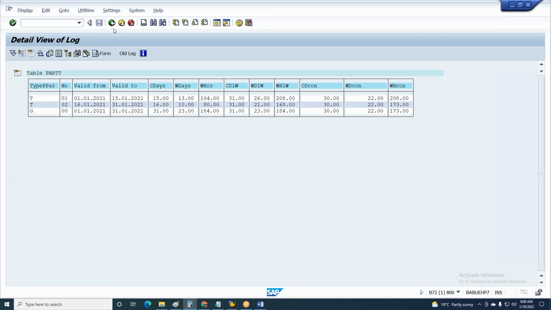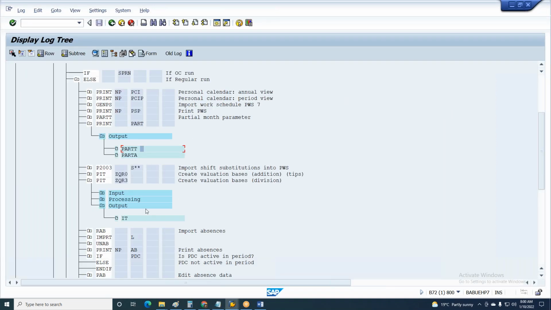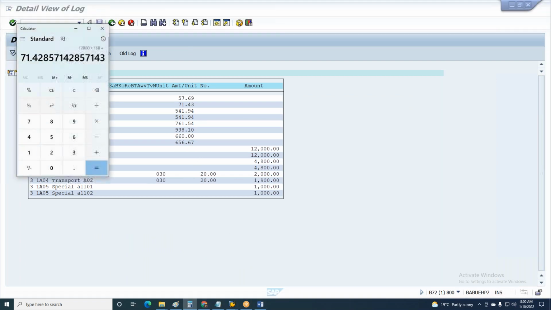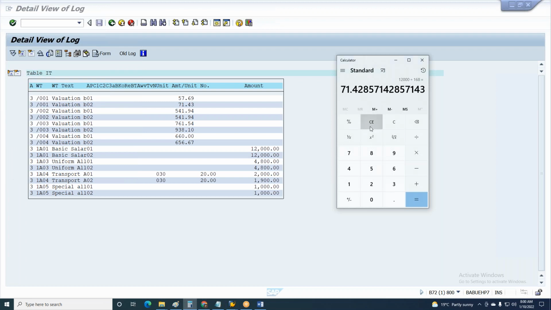Okay, you get this right. Manual calculation is important. So the next one, 16,800 divided by 31 days.